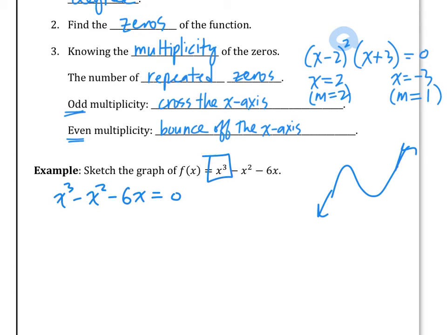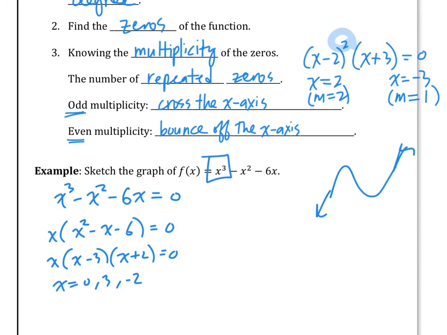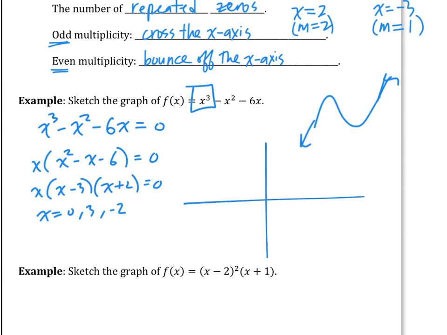So we can see that x is repeating throughout all the terms, so we're going to factor out x and then just factor that. So x is equal to 0, 3, and minus 2. All right, so let's go ahead and draw a very preliminary sketch.